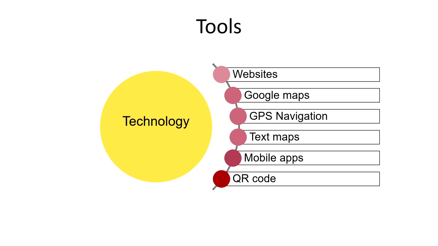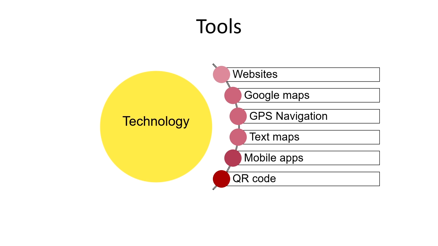Furthermore, these digital tools often offer pre-visit and post-visit assistance, allowing us to plan our itineraries in advance and revisit our favorite spots later. With just a few taps on our smartphones, we can explore points of interest, discover hidden gems, and immerse ourselves in the local culture.